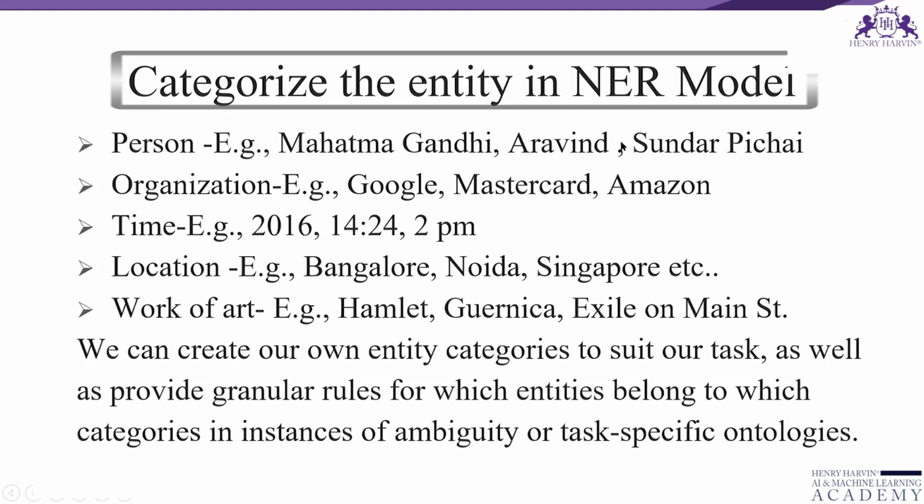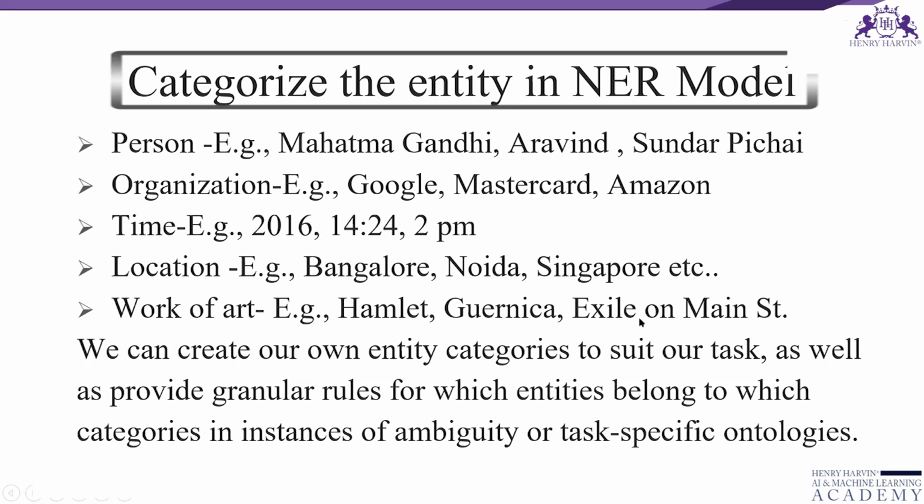Arvind is a name, Sundar Pichai is a name. And when we say Google, it is an organization; MasterCard and Amazon are organizations. And 2016, 14:24, 2 p.m. are all examples of time. And Bangalore, Noida, Singapore are all locations.